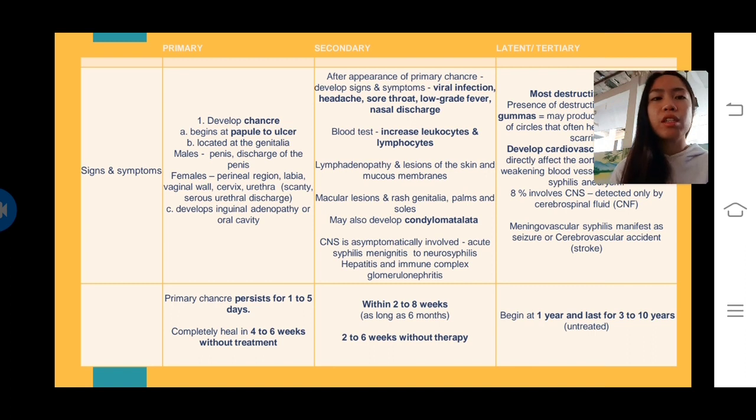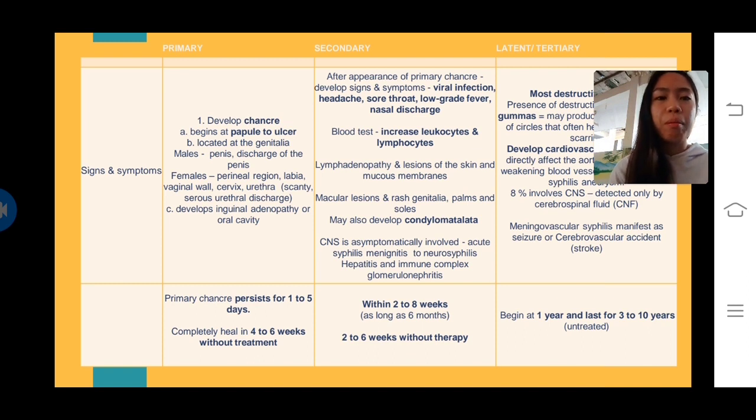A blood test is ordered, and you can see there will be an increase of leukocytes and lymphocytes. So here, it is associated with different kinds of diseases. Especially, you will develop some lymphadenopathy and lesions of the skin and mucous membrane.